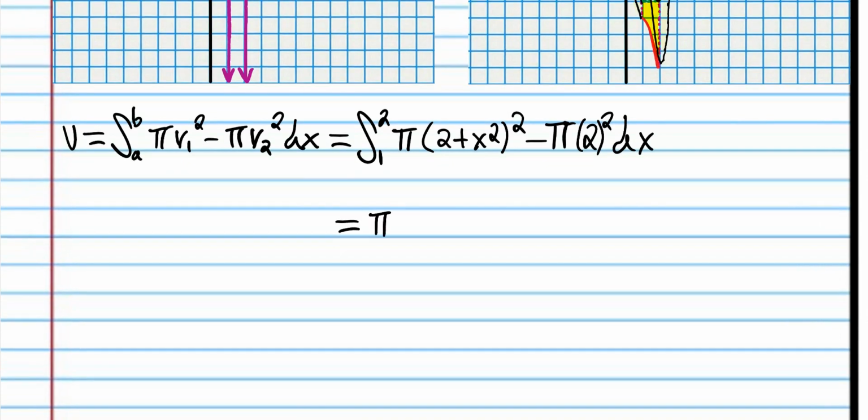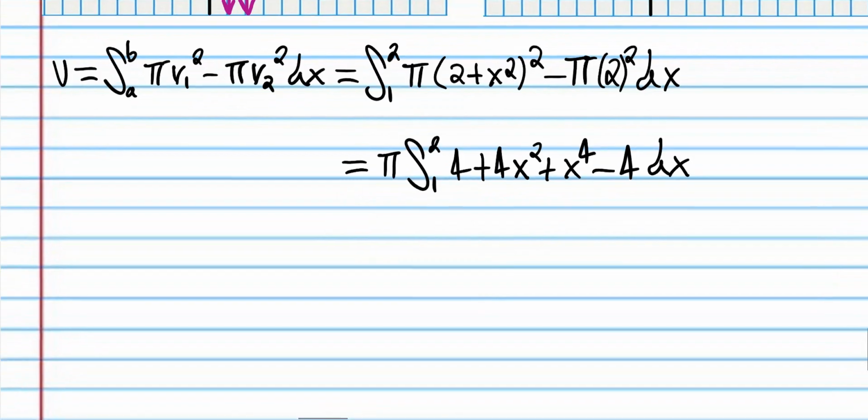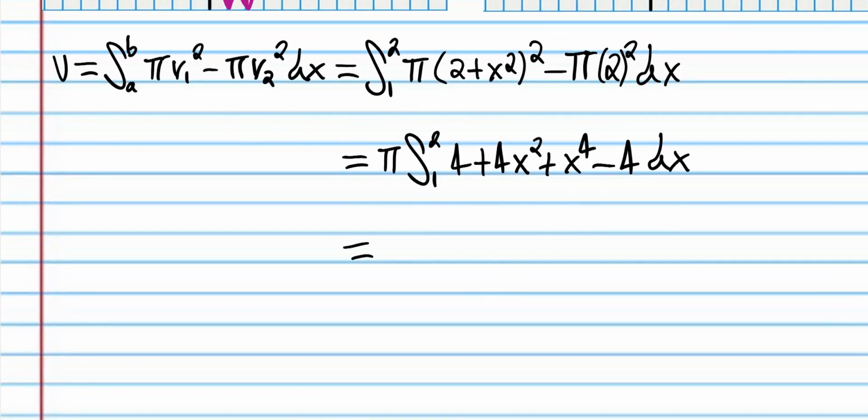Okay, so now we're going to pull pi out, and we're going to expand. So that's going to be 4 plus 4x squared plus x to the 4th power minus 4. So I did FOIL and added the inner terms together. And lucky for us, those 4's cancel out.